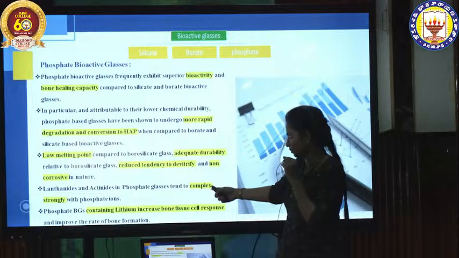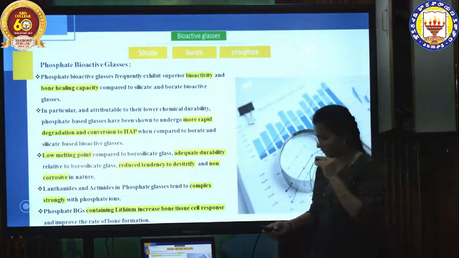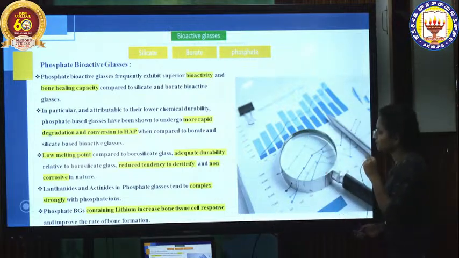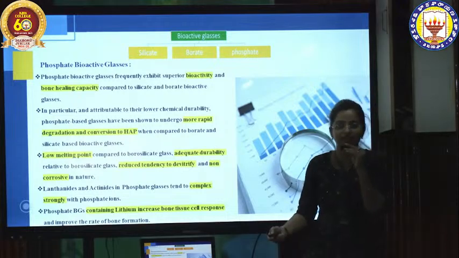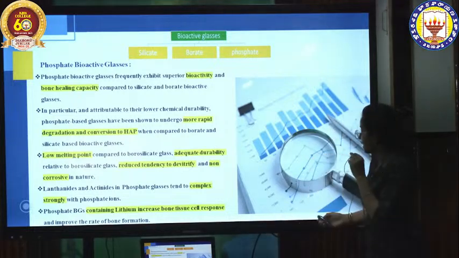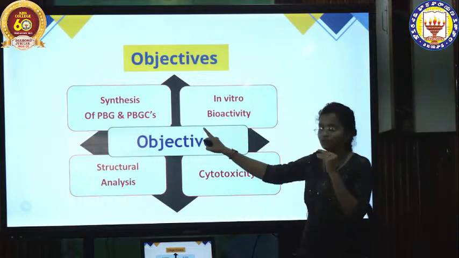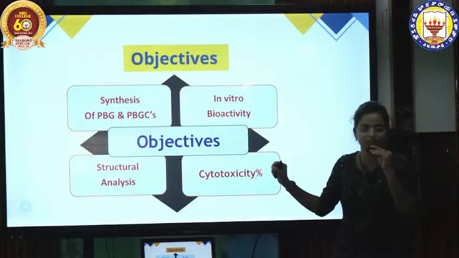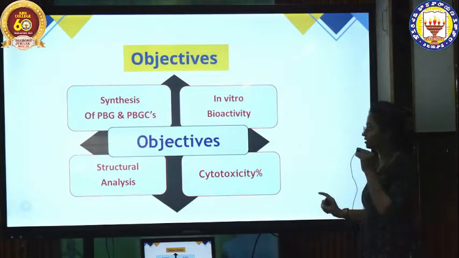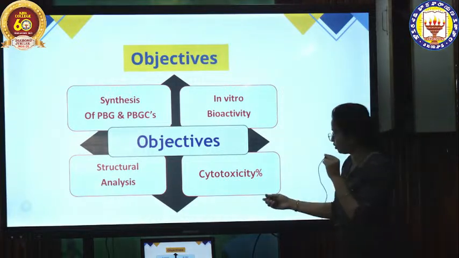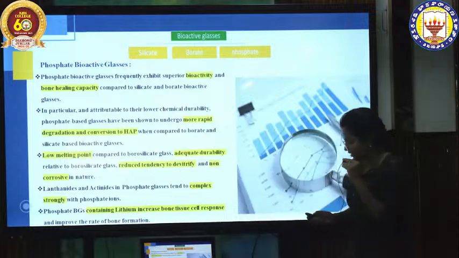These are the points which I have gone through in the literature survey. By undergoing some literature survey and identifying the research gaps, I have laid the objectives by synthesizing phosphate basic glasses (PBG) and phosphate basic bioactive glass ceramics, because as we have shown in the previous slide, they have more rapid degradation.